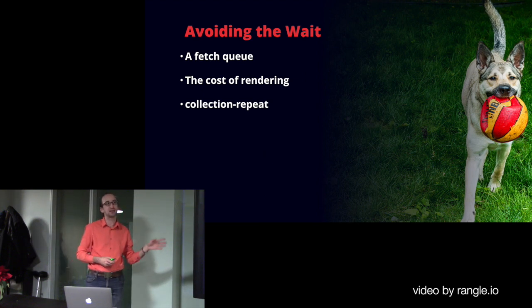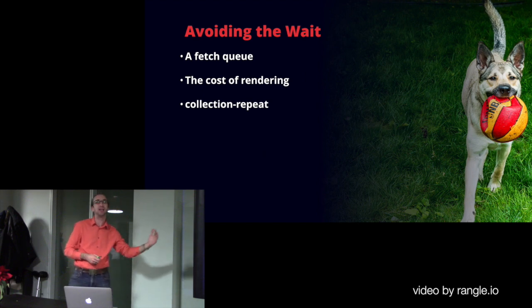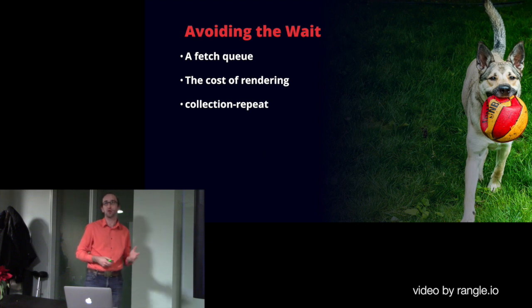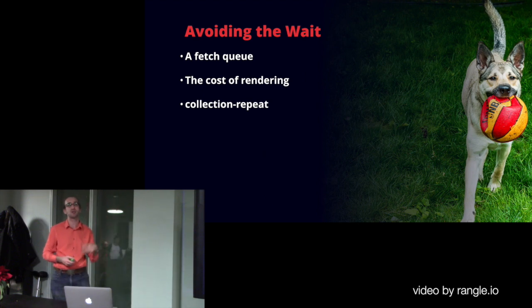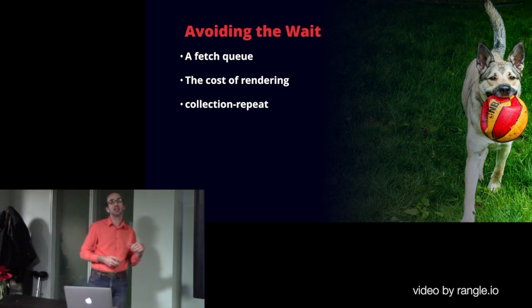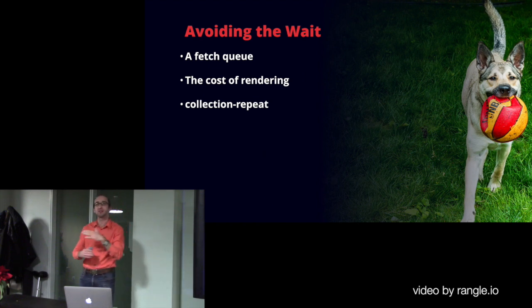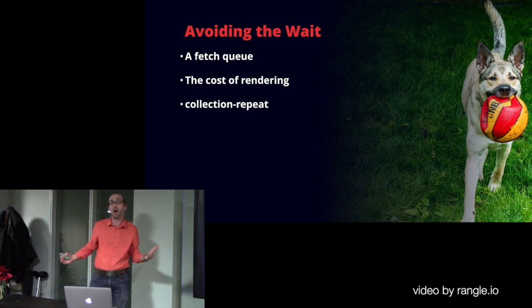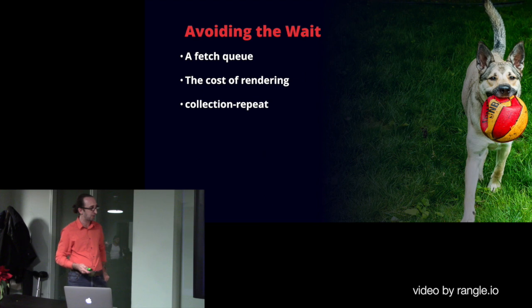We later discovered that the approach we ended up taking was fairly similar to what they did, but collection repeat, unfortunately, as is didn't work for us, because it had an important limitation that your items had to be the same height. And we were dealing with items that varied in height, where we wouldn't know how tall they are until they come from the server, so that approach ended up not working for us.